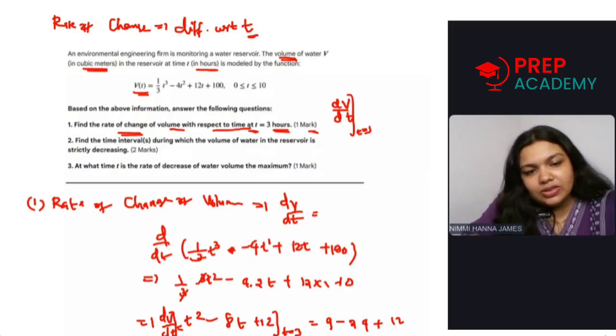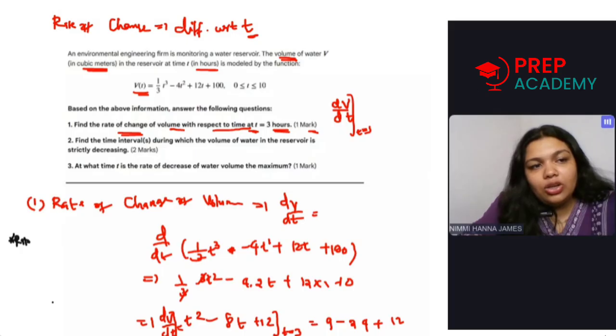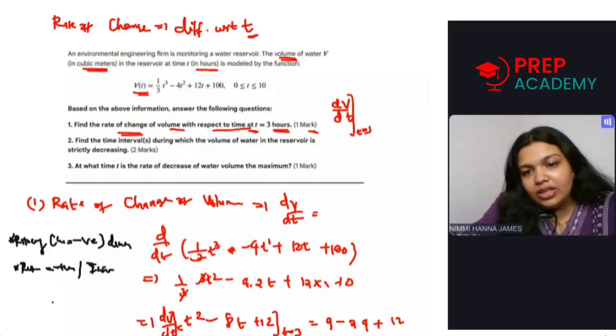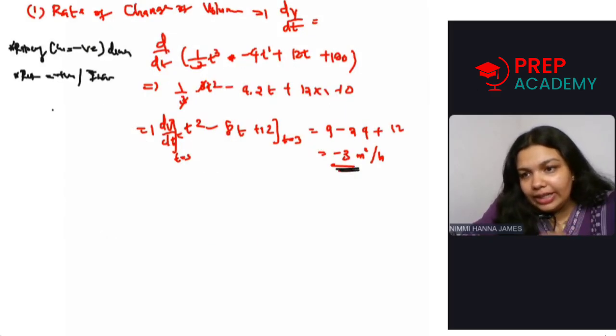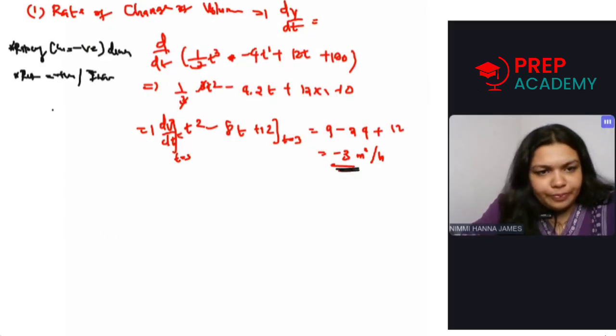If the rate of change is negative, that means it is decreasing, and if the rate of change was positive, it means it is increasing. So here it is negative, that is, the water level in the reservoir is decreasing.